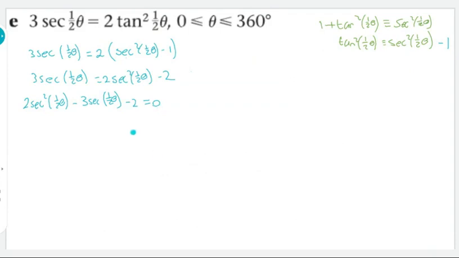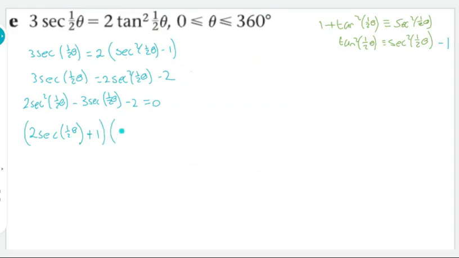I need to factorize this. I put in x's and I got bracket 2x plus 1, bracket x minus 2. That looks good to me.